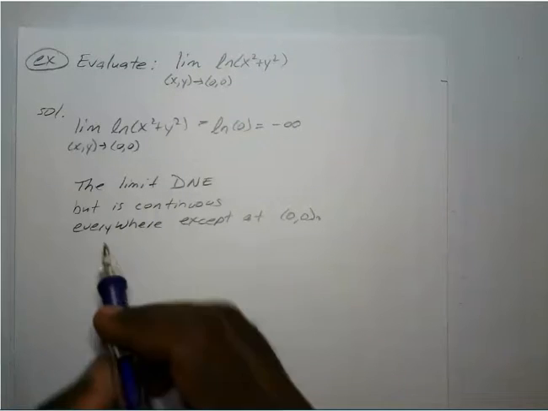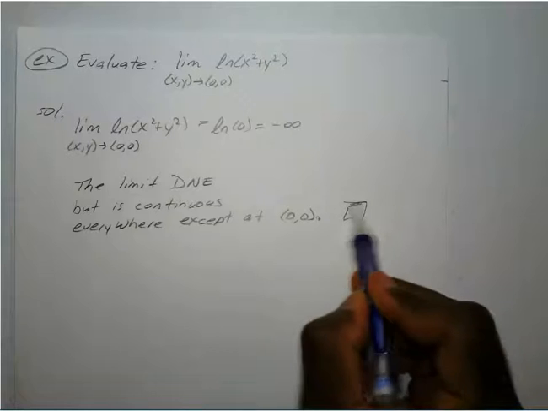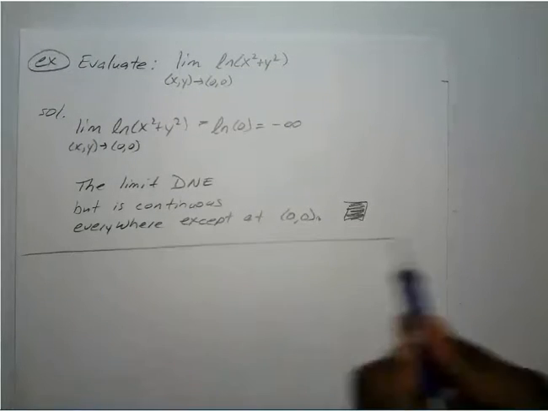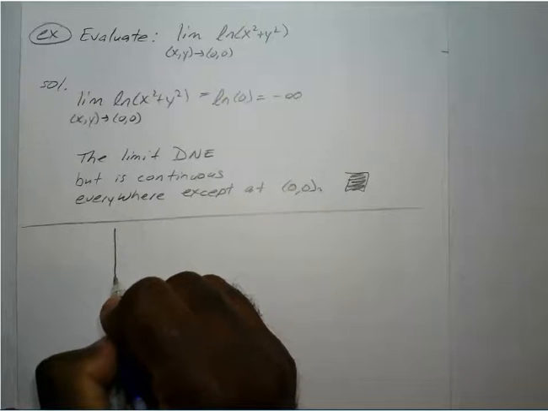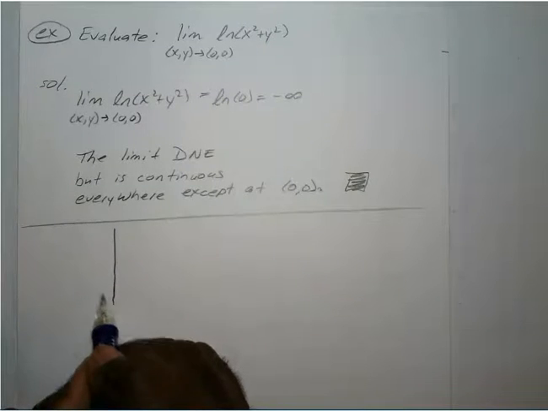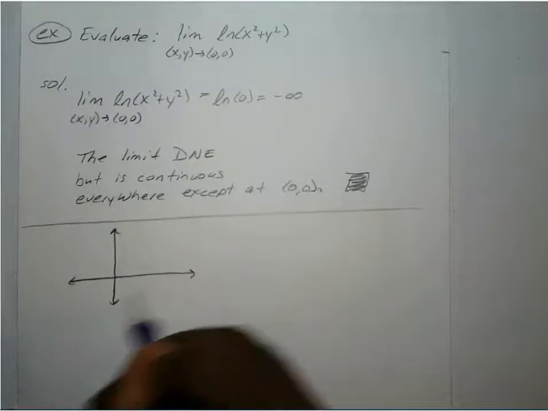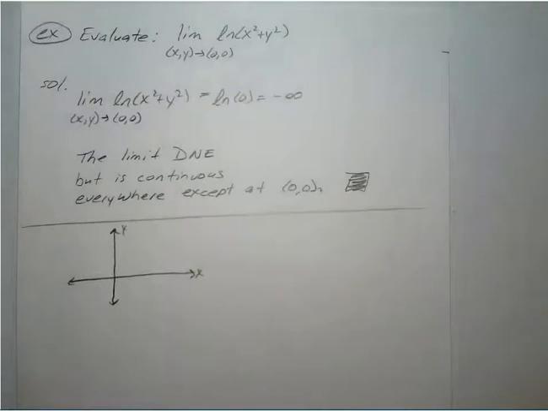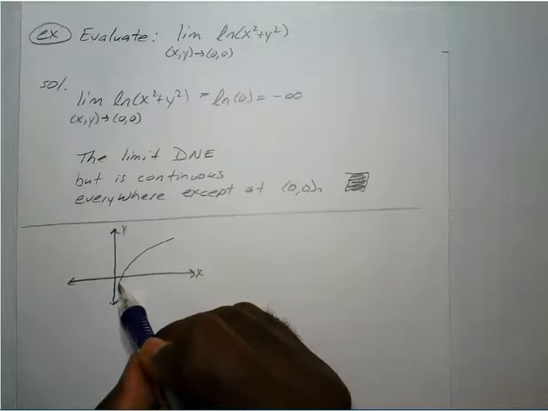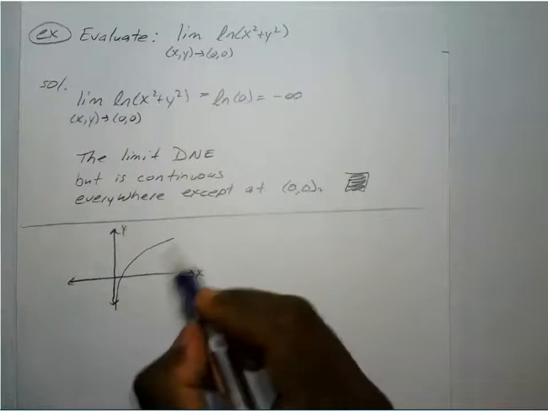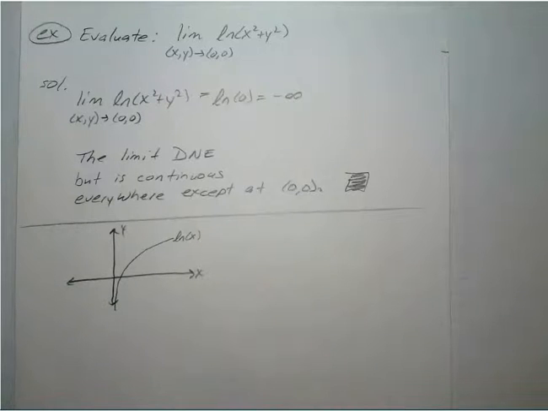All right, so just to give you an idea of what that means, you look at a two-dimensional drawing of natural log of x. So you have your x, you have your y. Natural log of x looks like this in 2 dimensions.